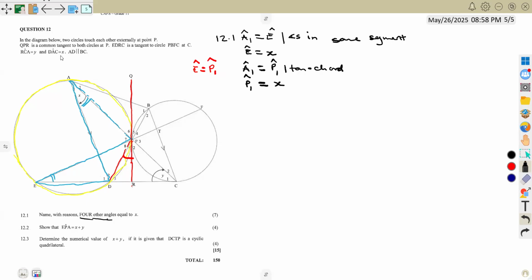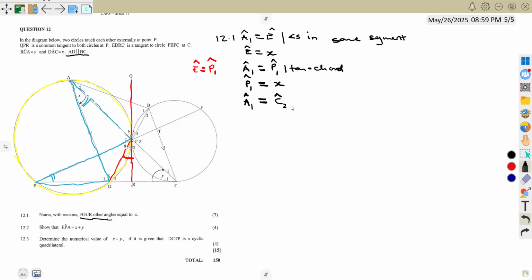Then we are further given that AD is parallel to that. Since it's parallel, we are going to say that angle A1 will be equal to the angle C2. And what will be the reason for that?